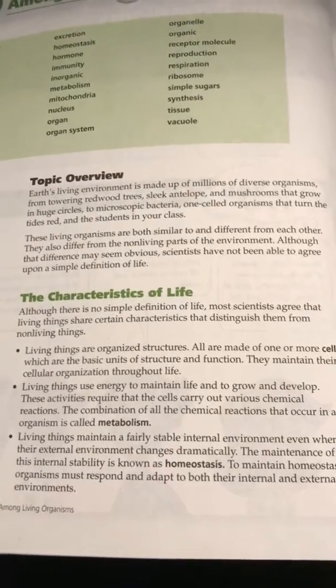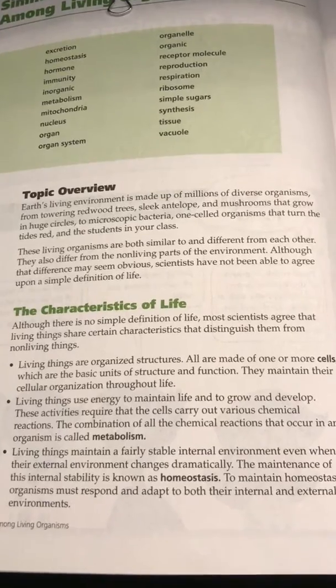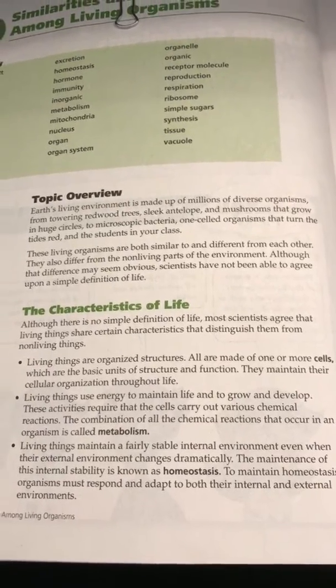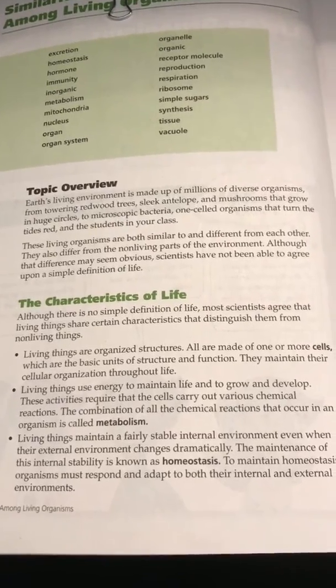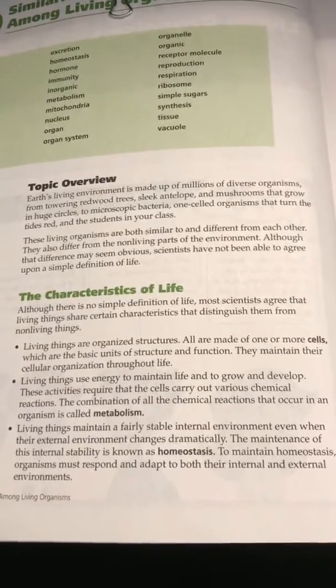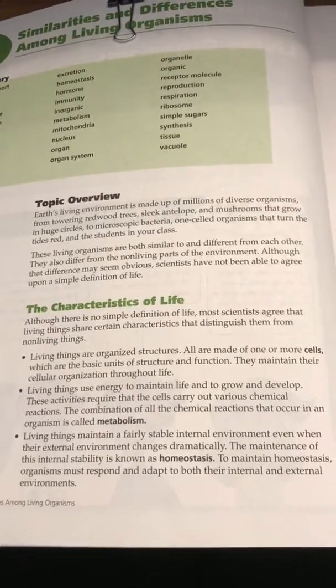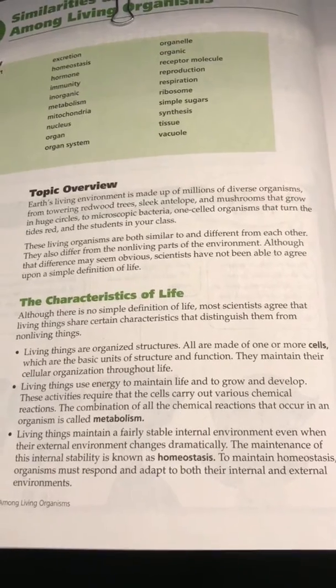Okay? Earth's living environment is made up of millions of diverse organisms, from towering redwood trees, sleek antelope, and mushrooms that grow in huge circles, to microscopic bacteria, one-celled organisms that turn the tides red, and the students in your class. These living organisms are both similar to and different from each other.